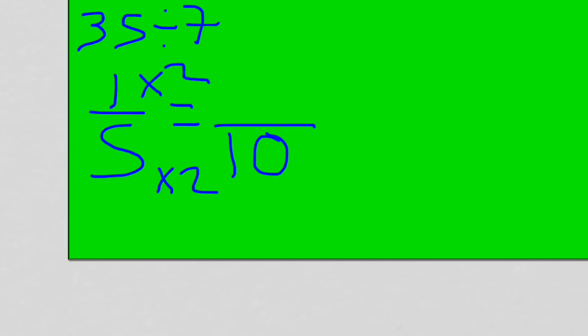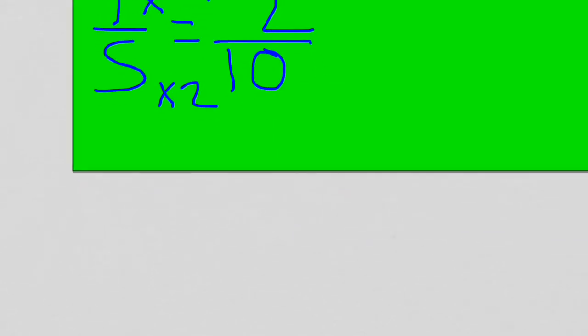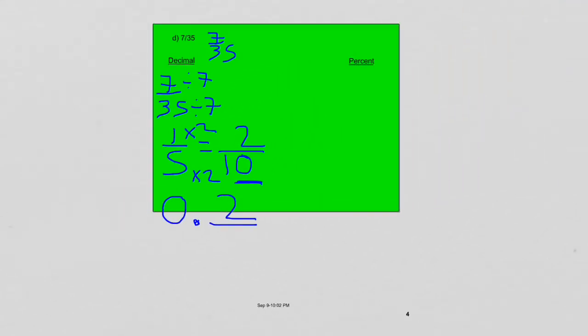And this is very similar to the last question now. Make it a fraction of 10 by timesing the bottom by 2, times the top by 2, and you get 2/10. 1 0 on 10 tells me 1 decimal spot, and in that spot I will put a 2. 0 placeholder in the 1s spot.